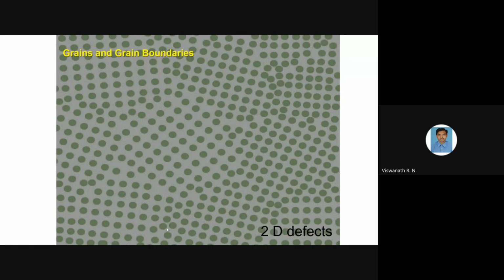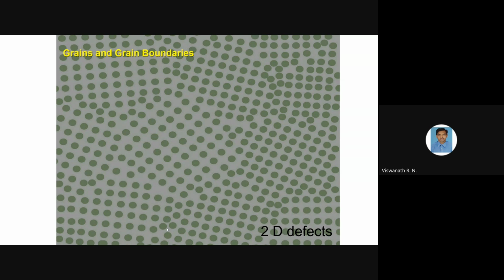But we know that grains and grain boundaries are very common in materials. The grain regions are very perfectly arranged. At the boundaries, between one grain and another grain, the orientations are not uniform; there is some tilting arrangement. That is why we call grain boundaries 2D defects.